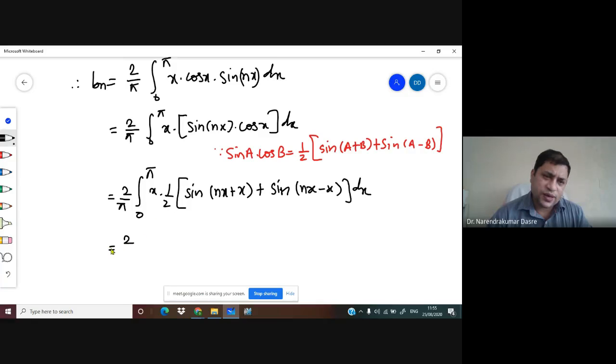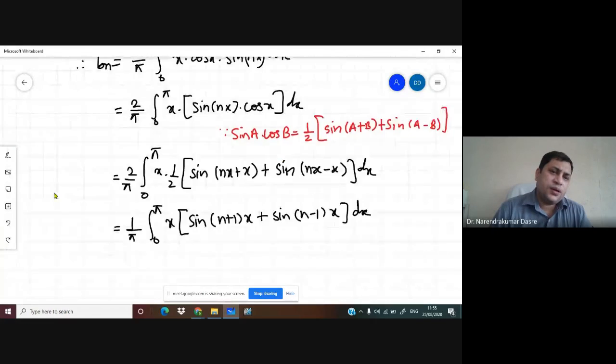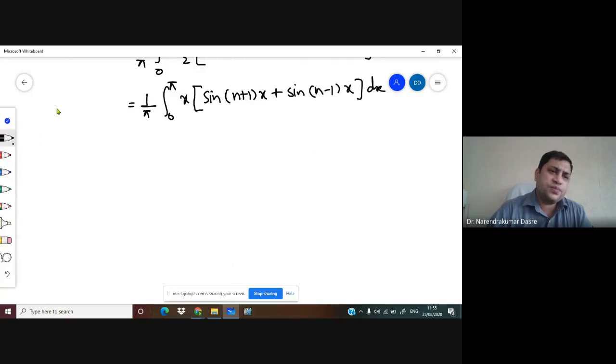This is equal to, this 2 will get cancelled, so we can cancel this 2 with this 2, and we have 1 upon pi 0 to pi x. Here we'll get sine of n plus 1x plus sine of n minus 1x dx. Okay. And now we have to use, this is bn.